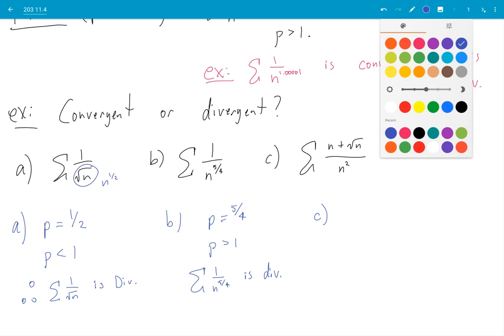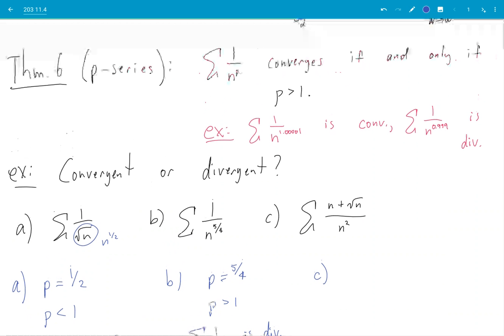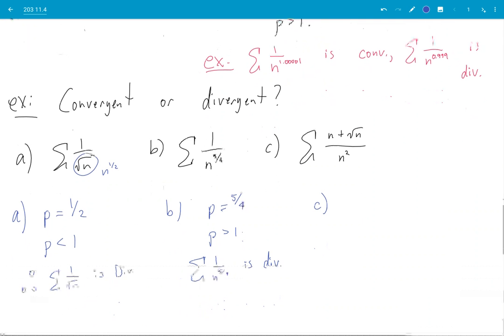Screwed that up. p is bigger than 1. Okay, so we have convergence if p is bigger than 1. So I screwed that up. I was thinking about C when I was doing B. So this is convergent.